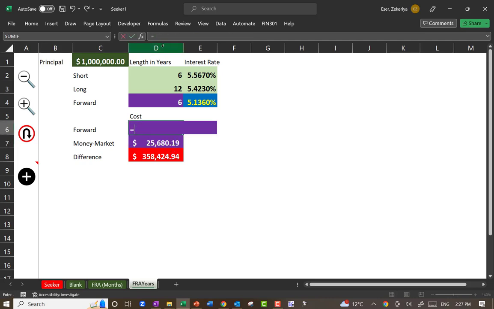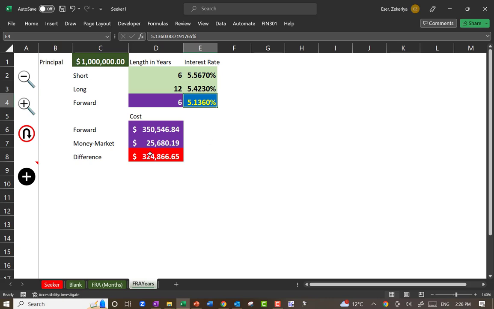Oh, I'm sorry. So if I did a forward loan that starts in 6 years, ends in 12 years, and the cost of the loan is 5.1316 compounded, that's how much on top of 1 million I would pay 12 years from now.